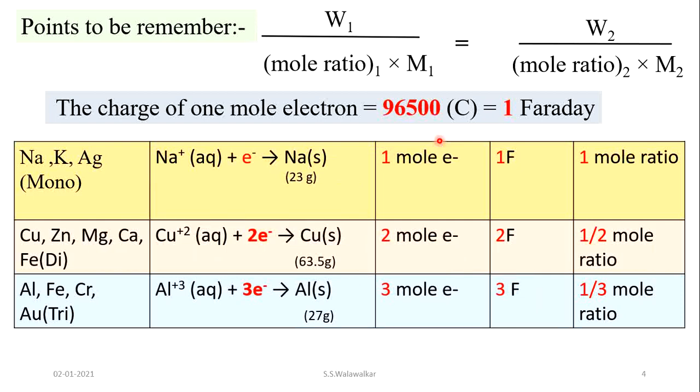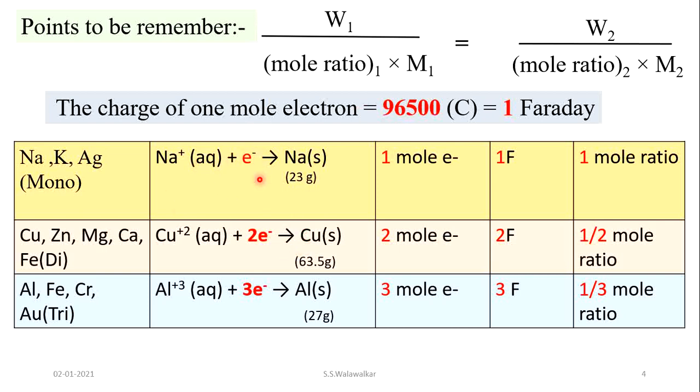For example, if monovalent cations are there, such as sodium plus 1, potassium plus 1, Ag plus 1, and you have to deposit sodium, potassium or silver, then you know this is a reduction reaction.